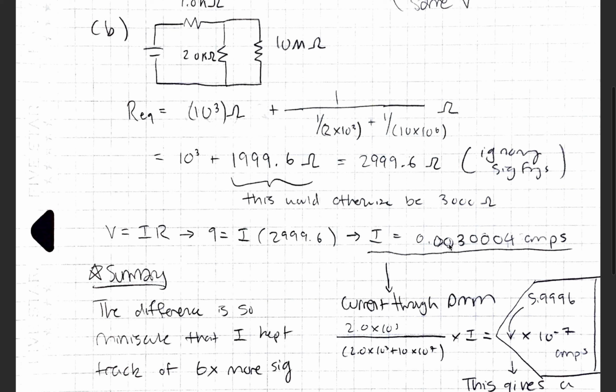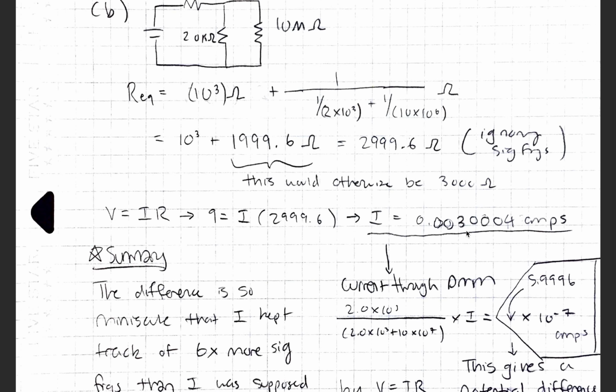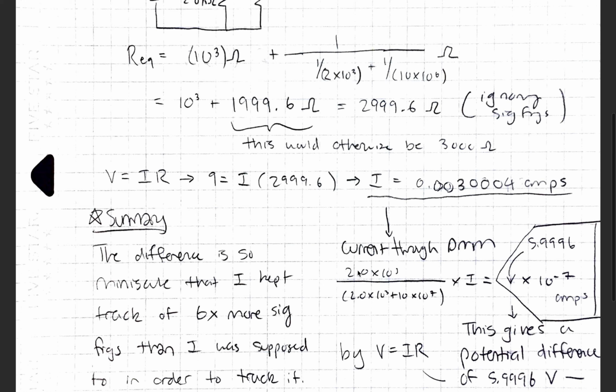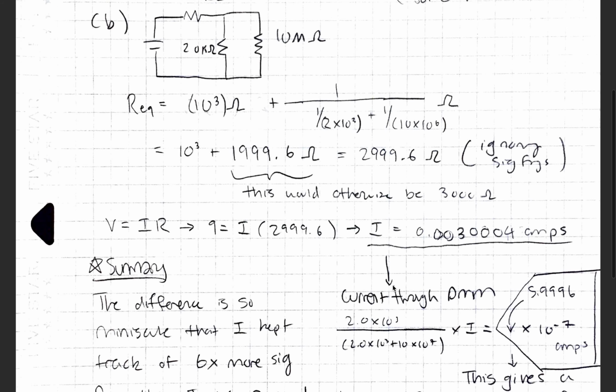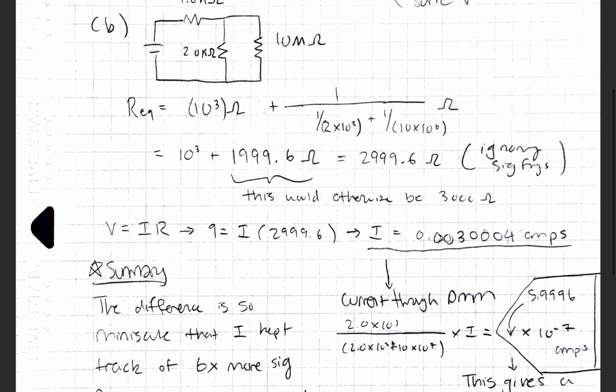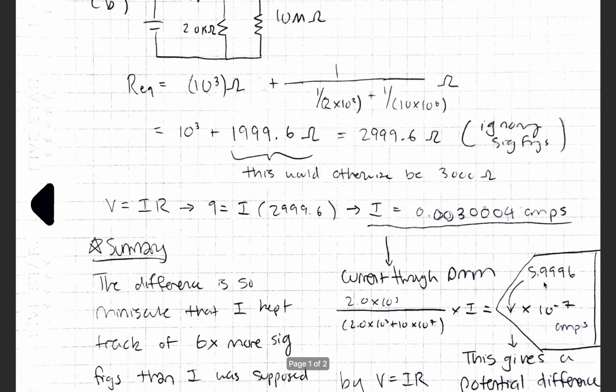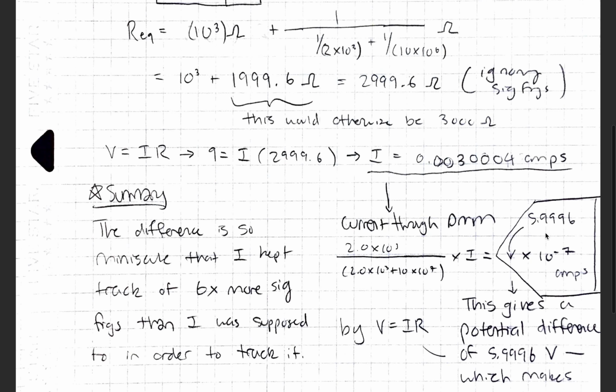Using V equals IR, you can get the current that comes out of the battery, right here, the current for the circuit, and the current through the DMM for this particular parallel arm is just using V equals IR again. You can just take the fraction of the current that goes through that resistor multiplied by I, and you'll get that the current through the DMM is 6 times 10 to the negative 7 amps, basically inconsequential.